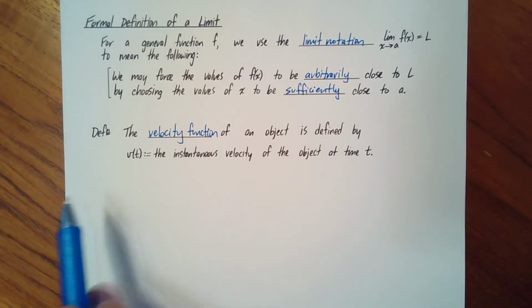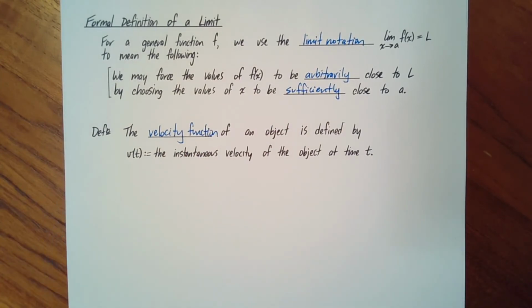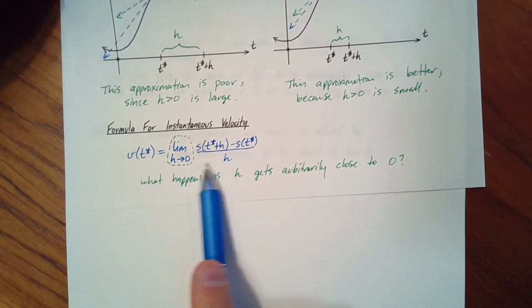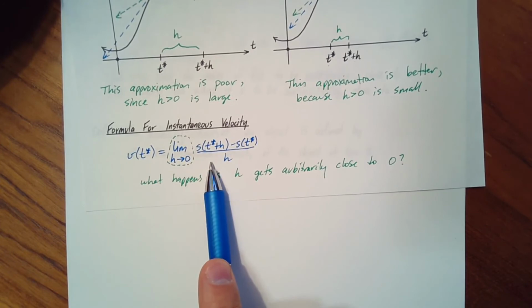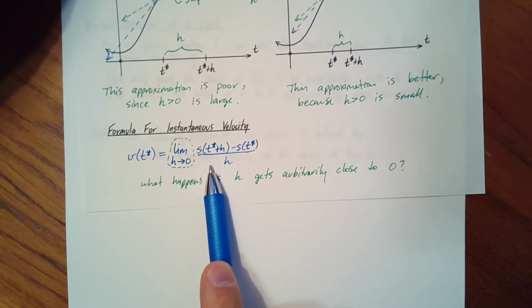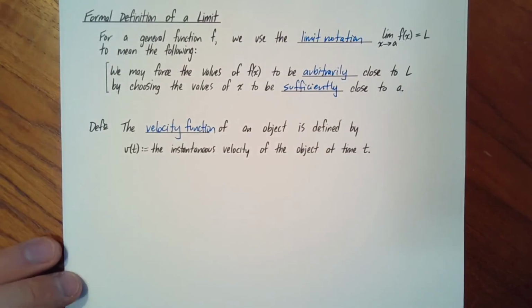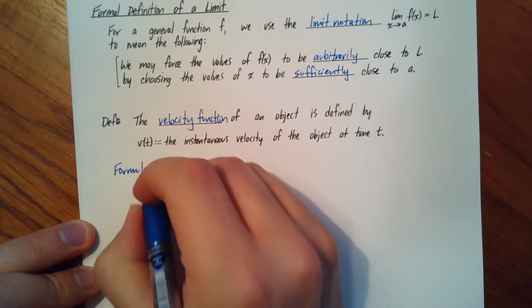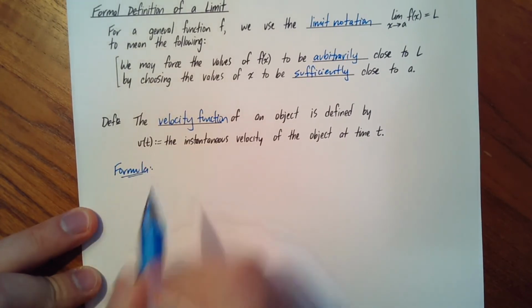Based on the work we did on the previous page, we could just recycle this idea, rewrite this formula, but drop the t star and replace it with t now, because it works at a general point in time t. There's no actual need to use the symbol t star anymore. So that's why we can write down this following formula for the velocity function. And you could argue that this really is what the velocity function is.